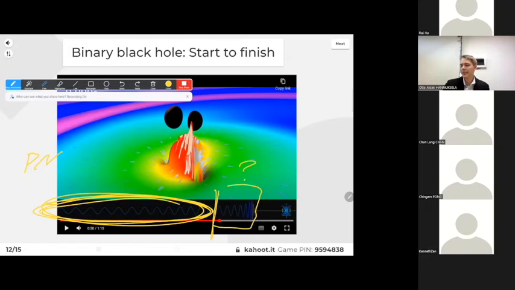And the idea is to connect this post-Newtonian expansion and post-Minkowskian expansion as well to this merger part.